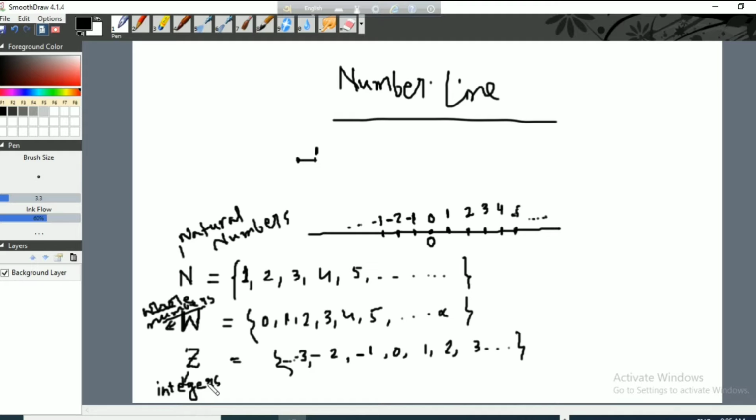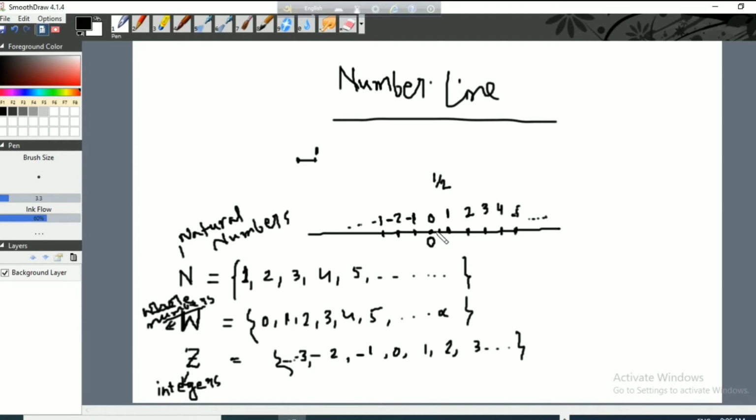Now you may have already guessed what will be the number in the middle, between, let us say, 0 and 1. Obviously this will be half, isn't it?